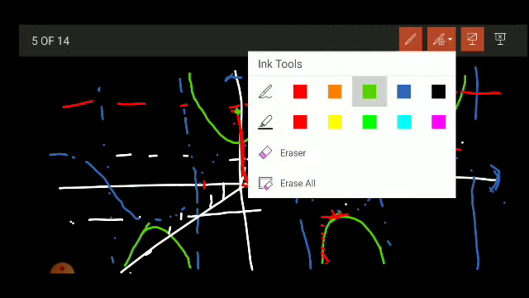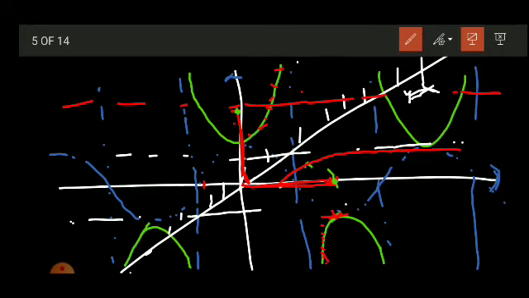Now once again we will use red color for the image of this portion, which is a red dot over the green lines. So we will take this mirror image here. This was minus 1, so from minus 1 to pi by 2, this portion is pi by 2.